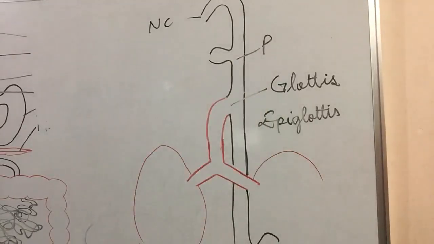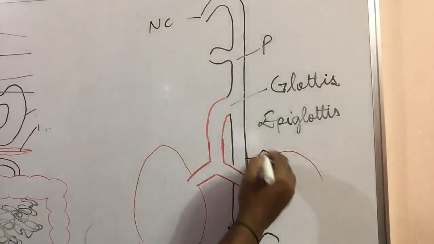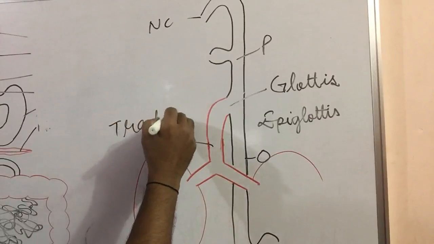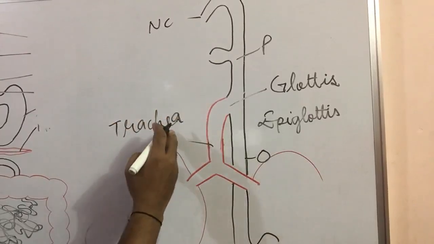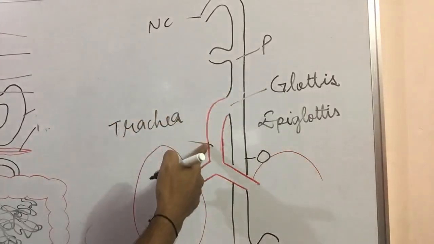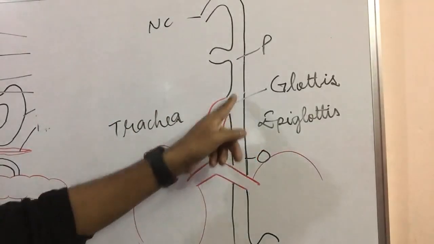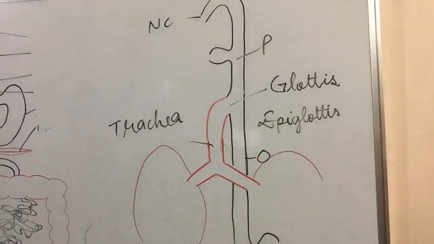In this pharynx region, this is the oesophagus, this is the trachea. This red part is the trachea, and this tube or food pipe is the oesophagus.